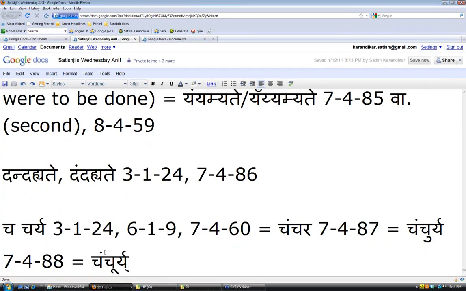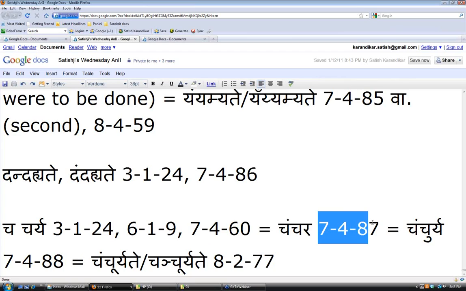Chanchur ya te, atva, parasavaranaha vapadantasya. Make it chanchur chur ya te. So this is halicha dirgha. Again, I put the te because you cannot go to the Tripadi section unless you get the padam.